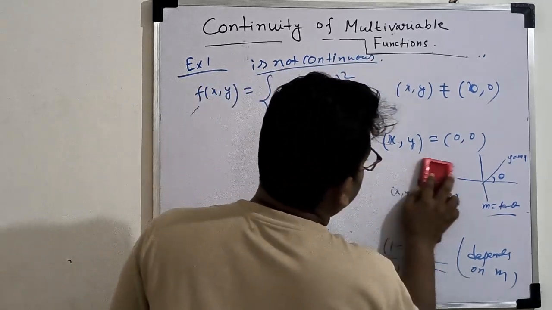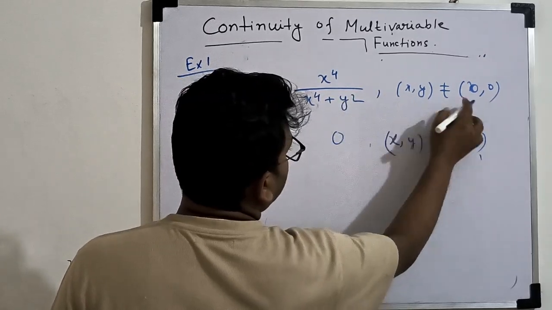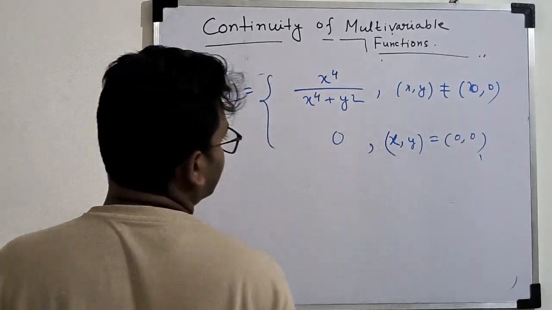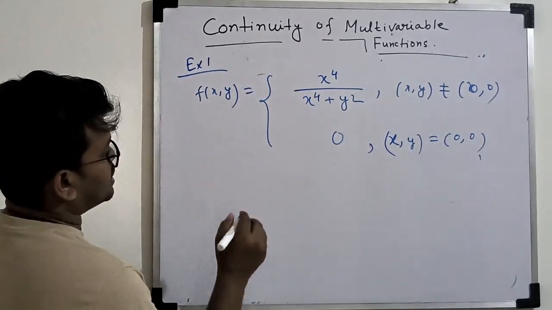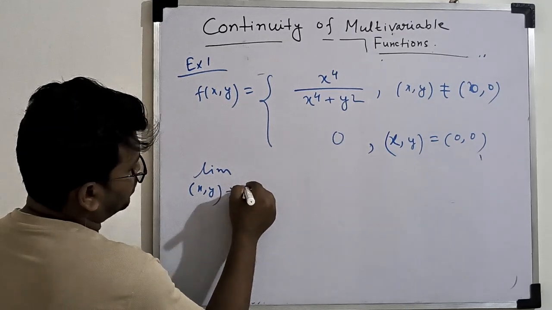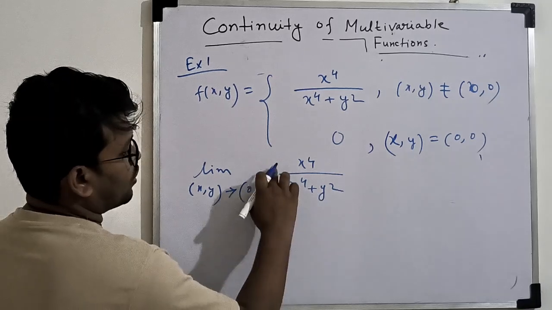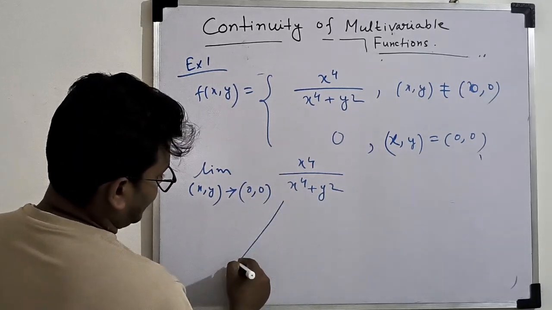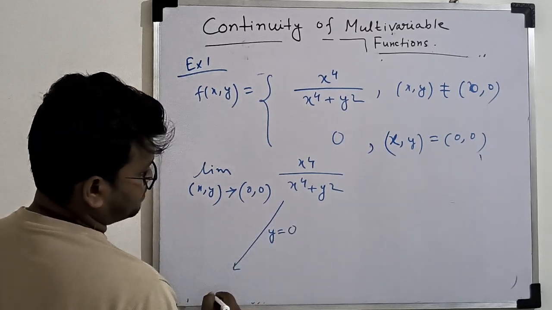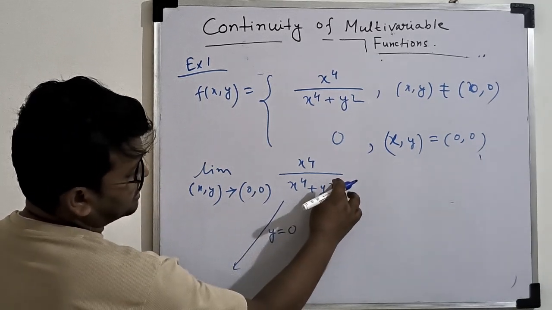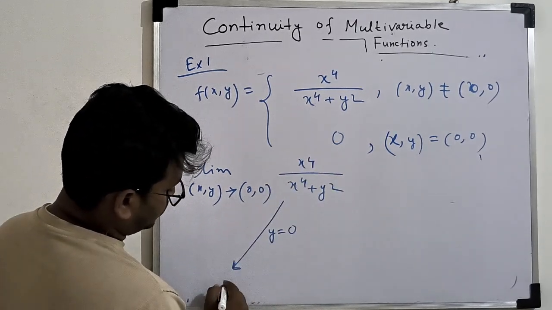Let us take another example. x to the power 4 divided by x to the power 4 plus y square when xy is not equal to 0, 0 and 0 when xy equal to 0, 0. To show the continuity of this function, we have to check whether the limit exists or not. First of all, if we take the path y equal to 0, then this becomes x to the power 4 divided by x to the power 4, and it goes to 1.